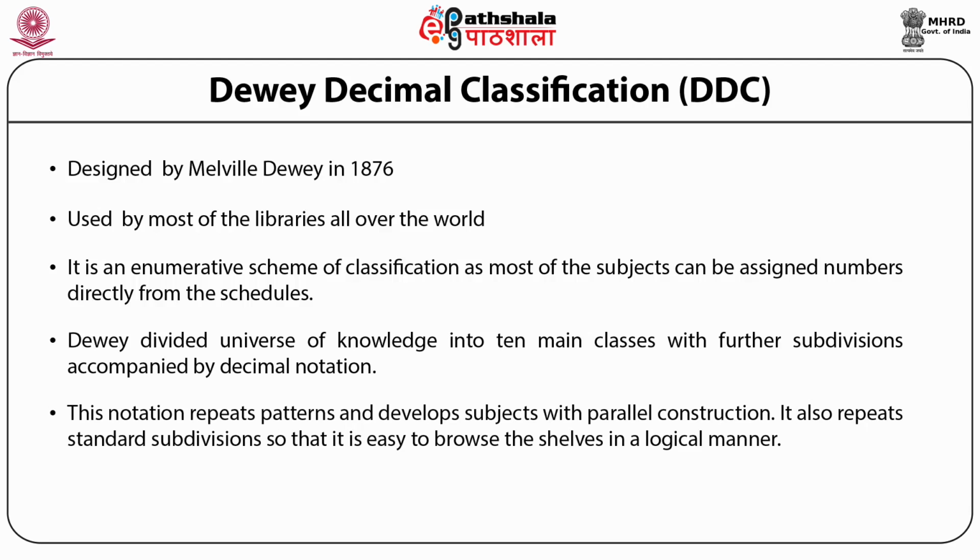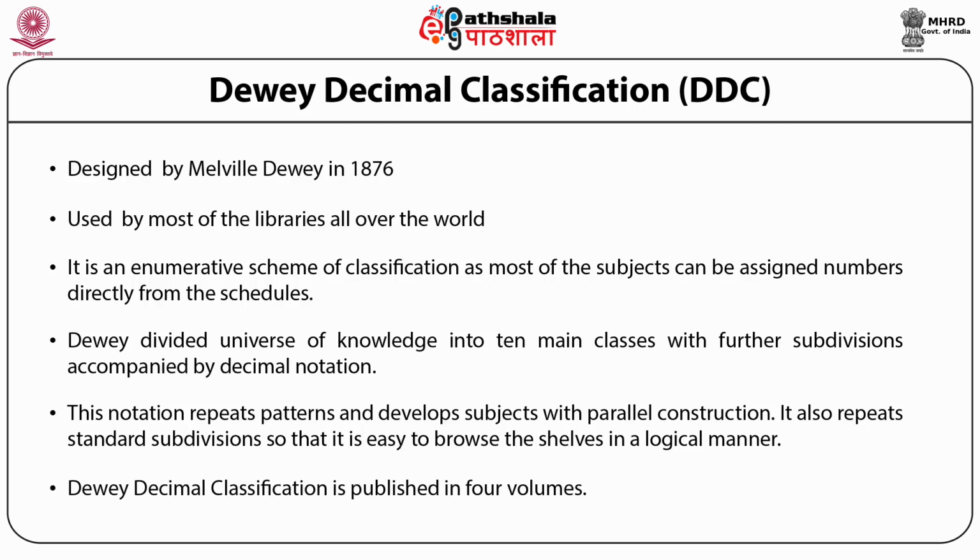This notation repeats patterns and develops subjects with parallel construction. It also repeats standard subdivisions so that it is easy to browse or locate the shelves in a logical manner. The documents can be browsed and located in an easy manner.